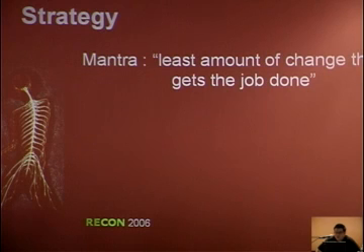This is the mantra I use: the least amount of change that gets the job done. It doesn't necessarily mean the least amount of code change. There could be a couple of functions that have checks in them, and you could change those functions, and let's say that's X amount of bytes.